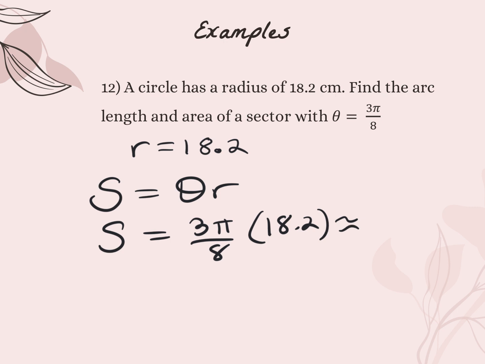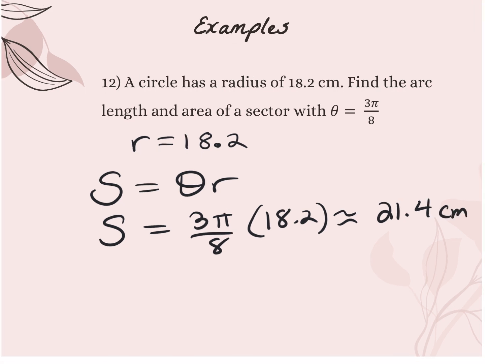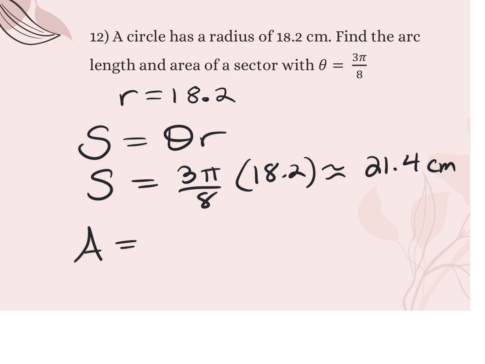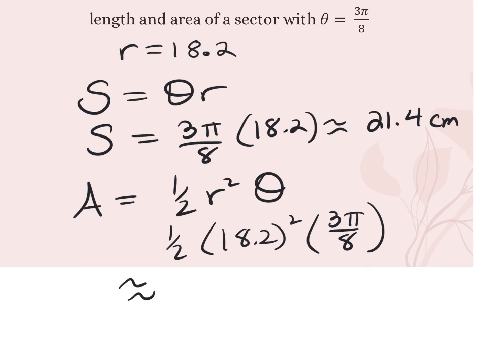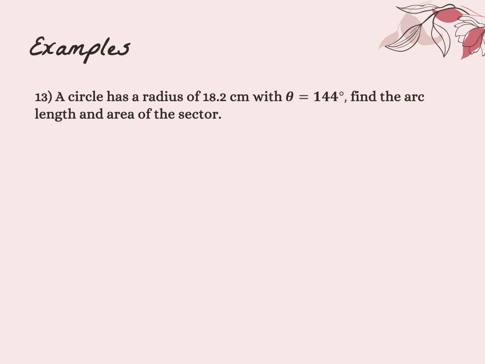I'm going to go ahead and multiply this, and using my pi button, I would get 21.4 centimeters. Then for the area, 1/2 radius squared times theta. So again, square the radius, 18.2 squared, times theta, 3 pi over 8, and this approximately will be 195.12 centimeters squared.